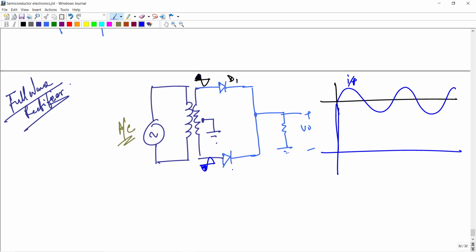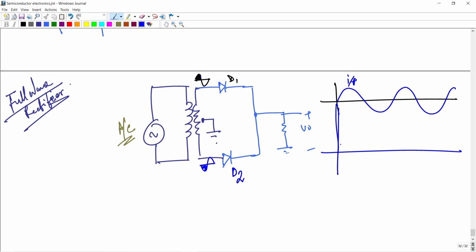So now when there is negative here and positive here, diode D1 is forward bias and D2 is reverse bias. Center tap means there is a 180 degree opposite here. If there is a positive, obviously there is a negative here.